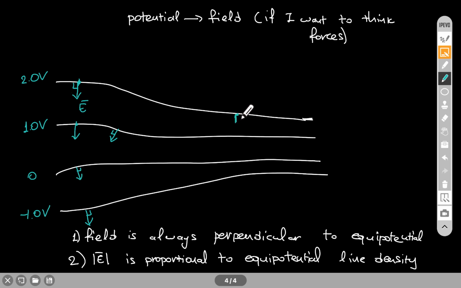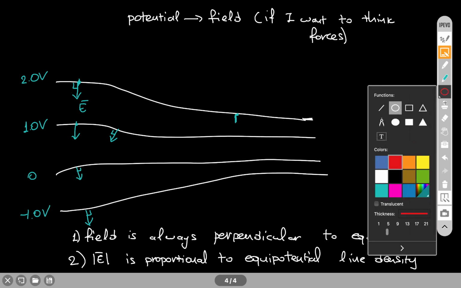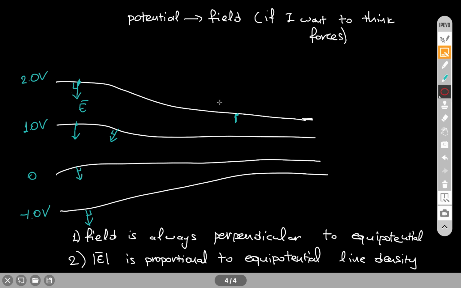Now, look at this. I can also tell, if I look at this area versus, I'm going to try to do a similar circle here. This circle includes only one equipotential line, but if you look at this circle, which I try to do with the same radius, it includes more equipotentials.